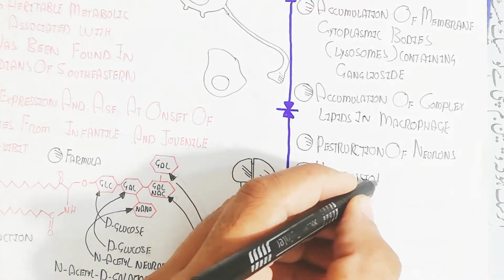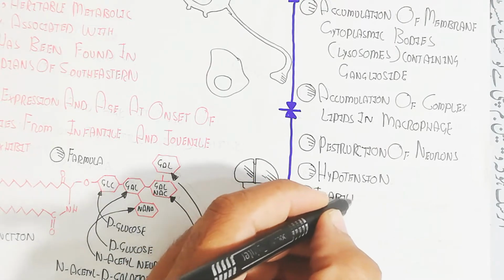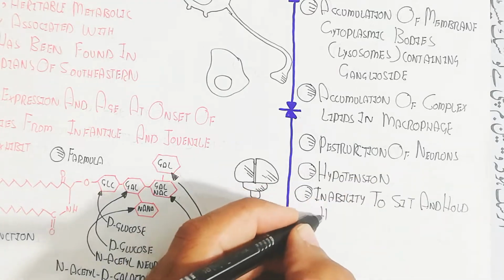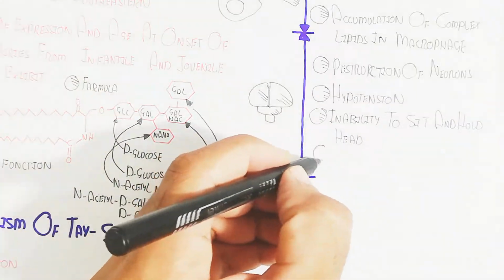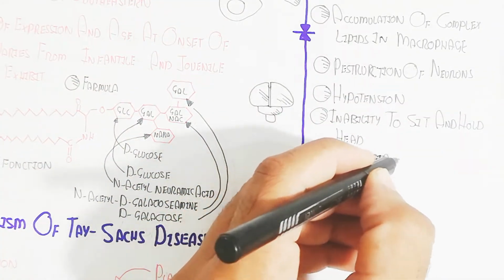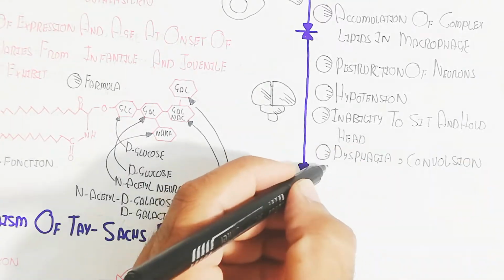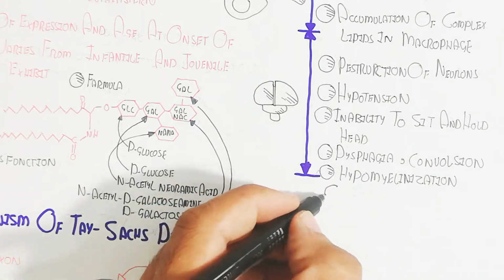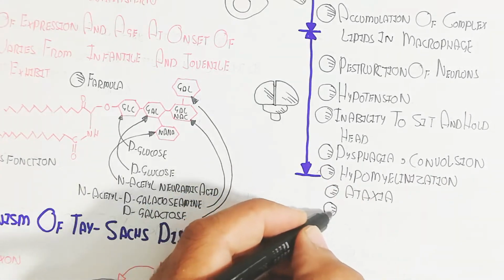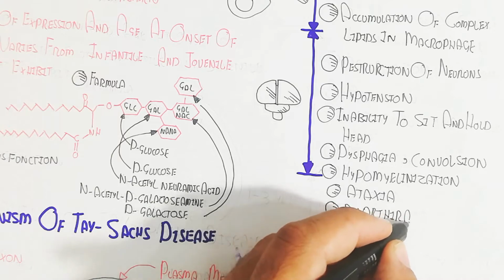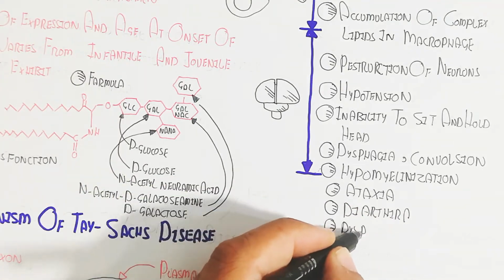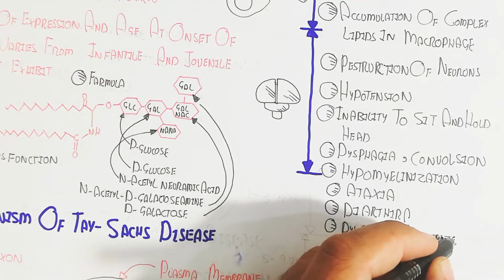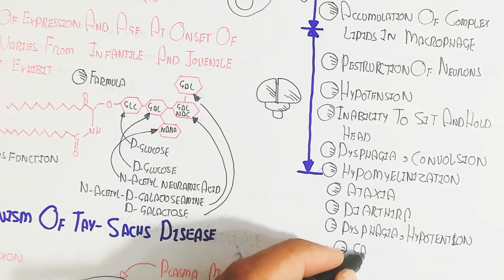Destruction of the hypothalamus causes inability to sit and hold the head, and then dysphagia and convulsions. Hypomyelination, meaning Schwann cell deficiency, ataxia, dysarthria, dysphagia and hypotension also occur.